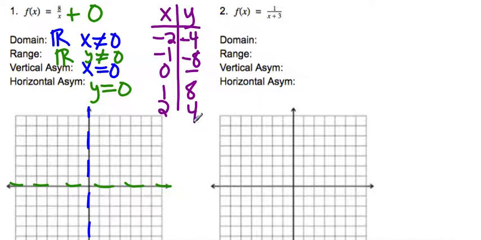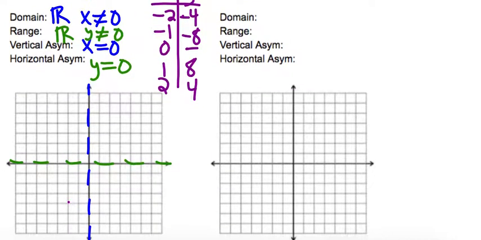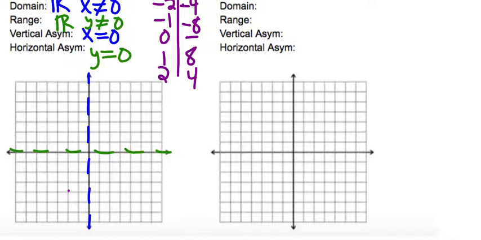So -2, -4, and -1, -8. Well, that doesn't even fit on here. 3, 6, 7, 8, down here. Okay? So you can see this is getting closer here, and it's also going to get closer in this direction. If you wanted, you could plug in another number. You could plug in -3 or -4, but it is going to go that direction.